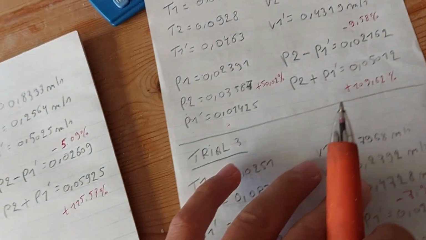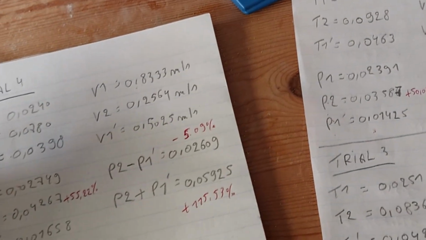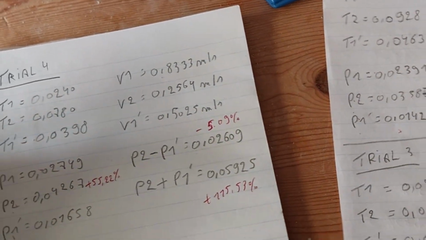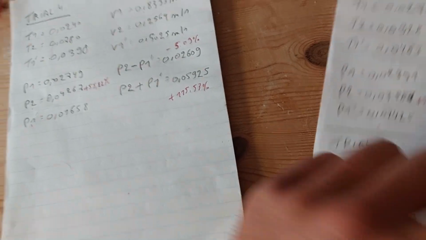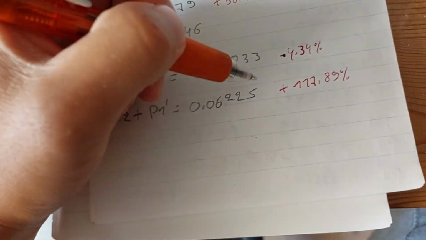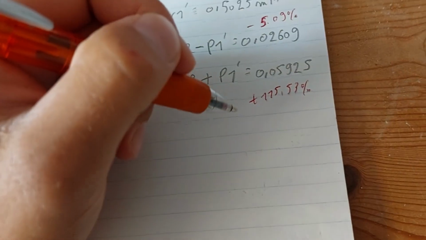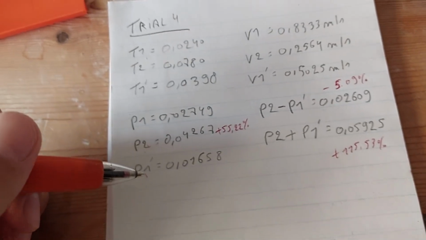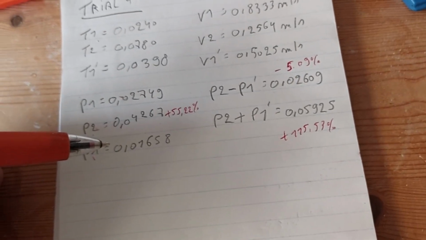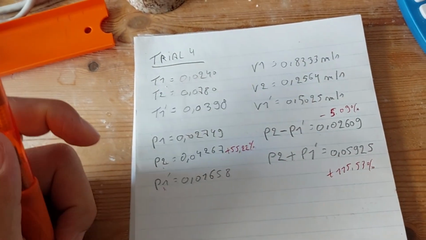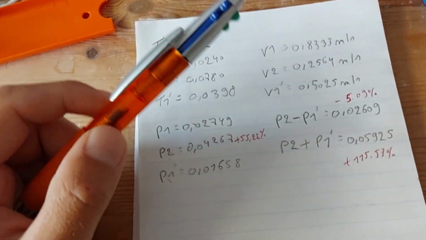So a maximum of 9.5%, which is not an insane error percentage. Whereas for draft science, we have an increase of 117, 109, 110, and 115. All of these trials have more than 100% increase of momentum for the draft science model.